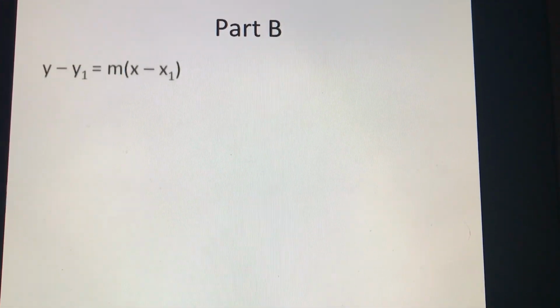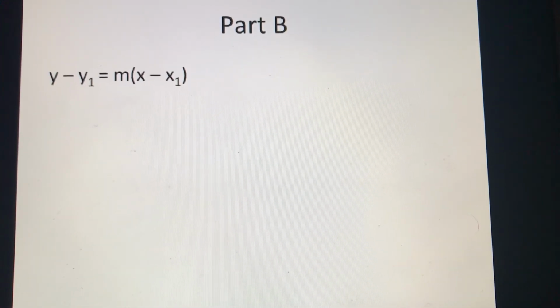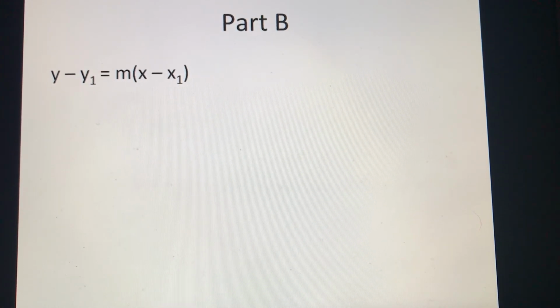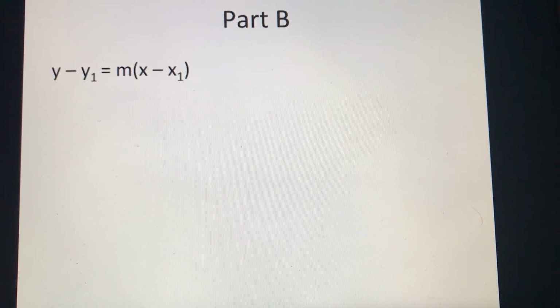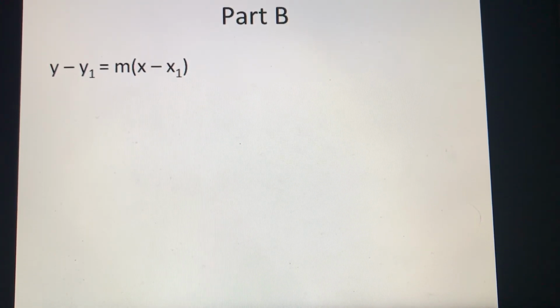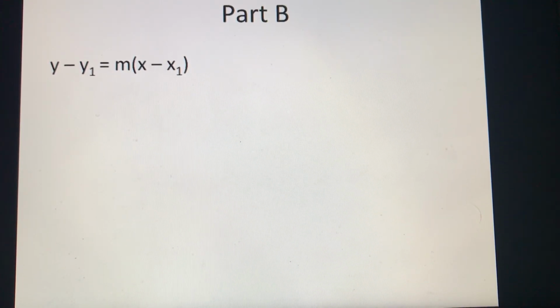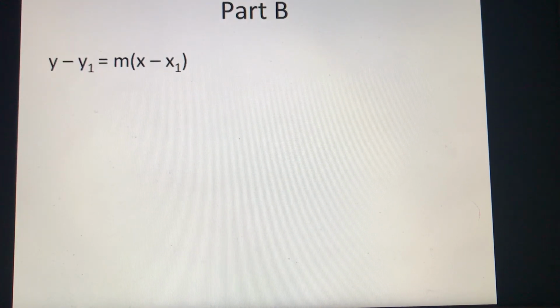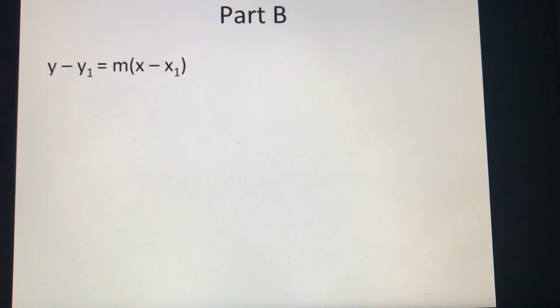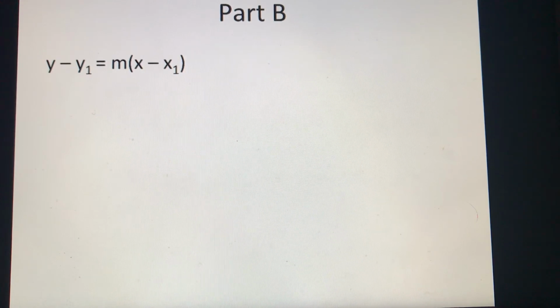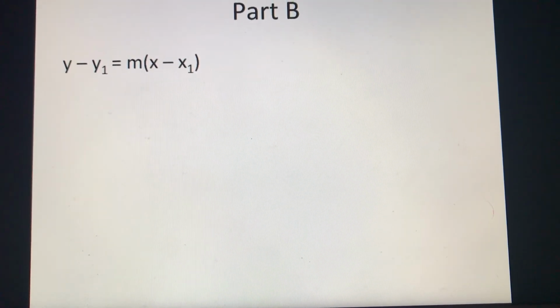The equation to solve for y equals mx plus b is y minus y1 equals m times x minus x1. We don't know the value of y, but we do know the value of y1, which is 380. So y minus 380 equals m, which we now know is 34.25, times x, which we do not know, minus 2.